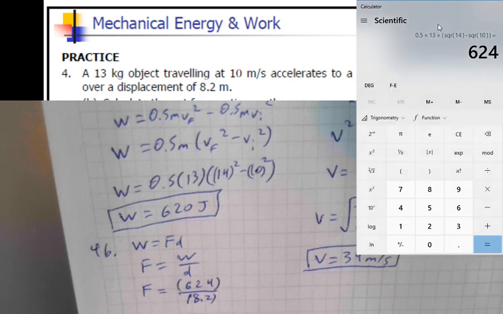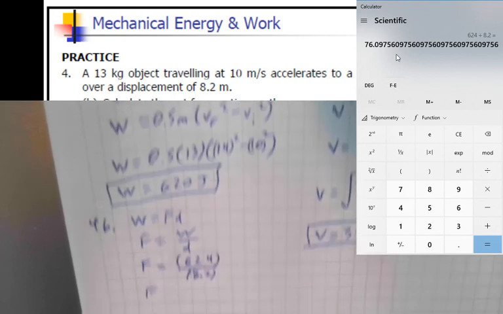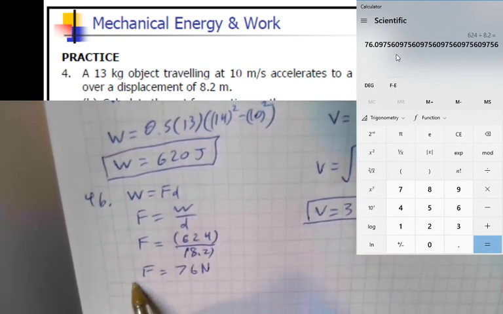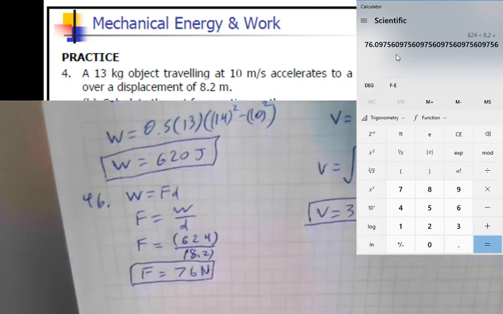So, calculator on, 624 divided by 8.2, we have 76, and that would be newtons. That is our force.